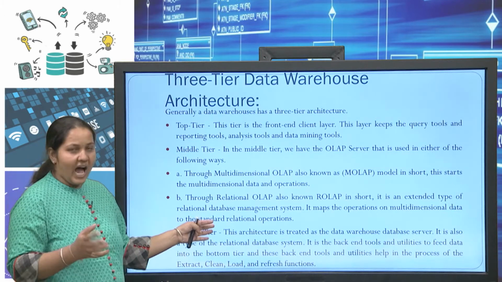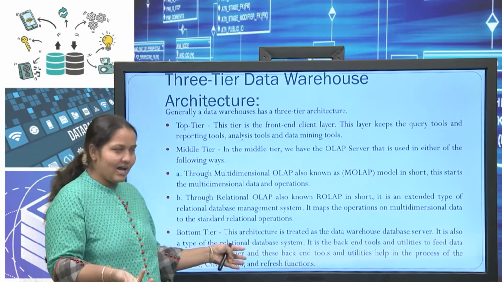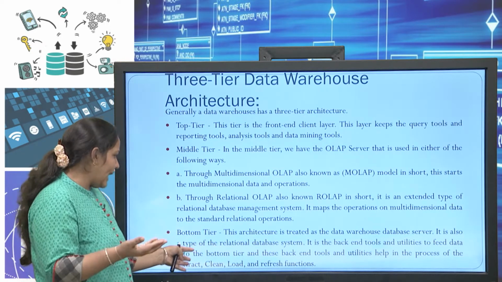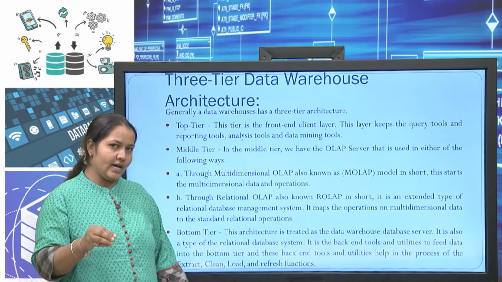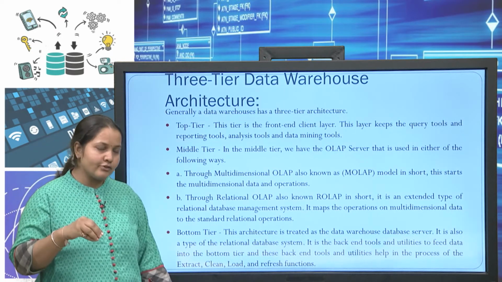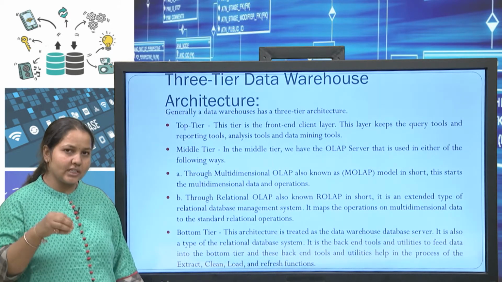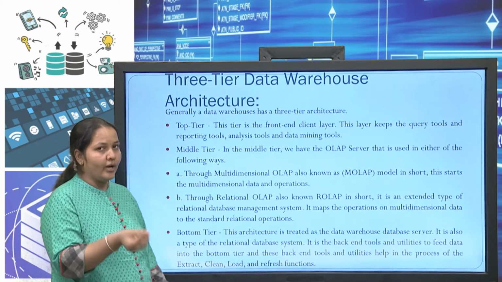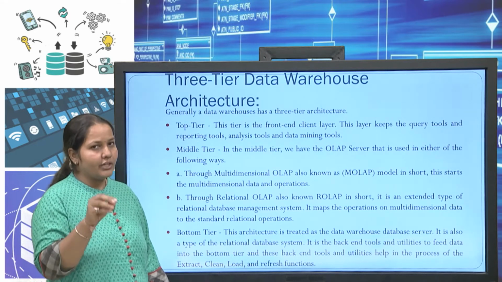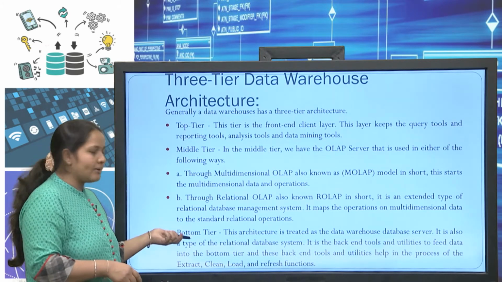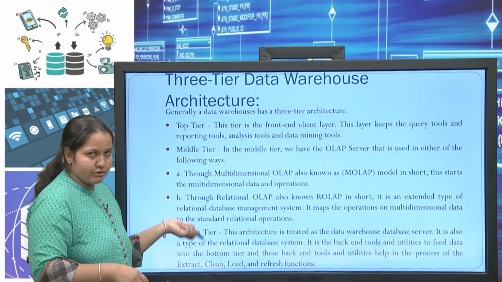Then the bottom tier of the data warehouse architecture is the database server tier. This is the RDBMS or any multiple RDBMS backend tools that feed the data at your bottom. This helps the process, extract, clean, load, store, and refresh functions within your database. That means the bottom is responsible for actual storage.